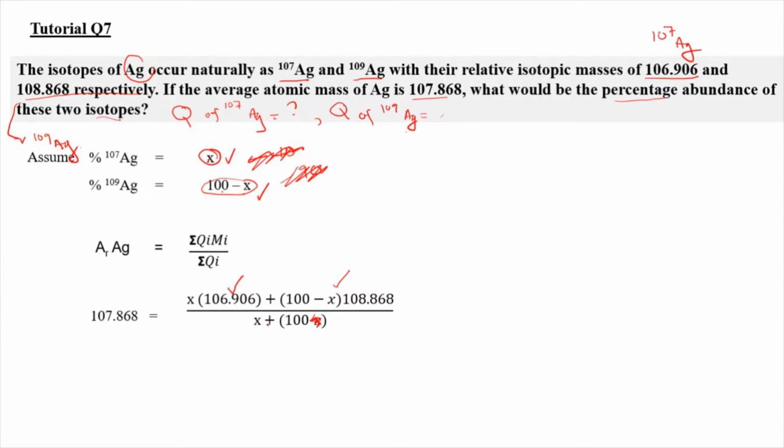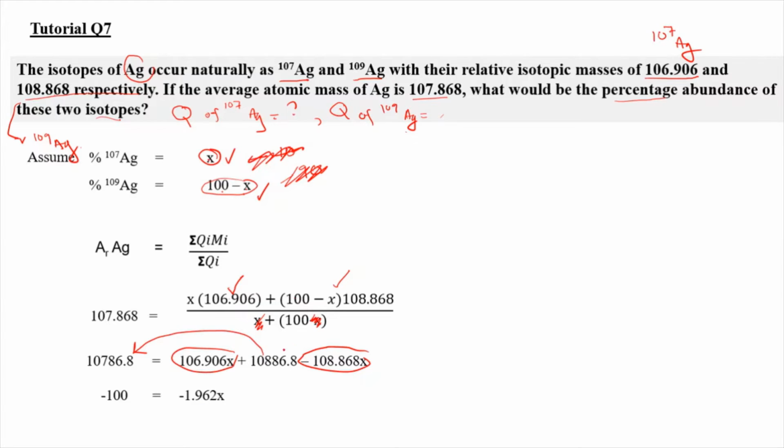Okay, so we're going to expand these brackets here and we're going to get this value, and we're going to bring the X terms together. Meanwhile, for this one, we're going to bring it to the left hand side.